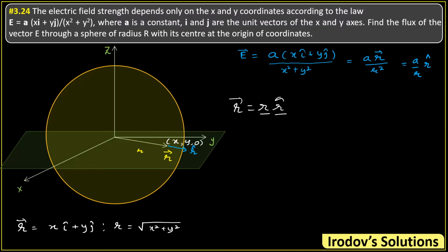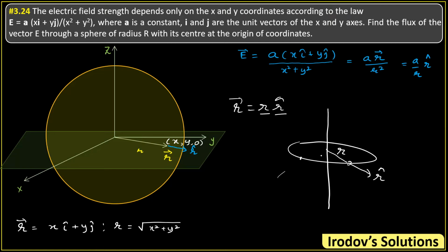And what's important is that this r is the distance not from the origin, but the distance from the z axis. So at any point, the electric field is in the radial direction, and that radial direction is not taken from the origin. That radial direction is the radially outward direction from the z axis. For example, if this is the z axis and I'm here, this is r and this is r cap.